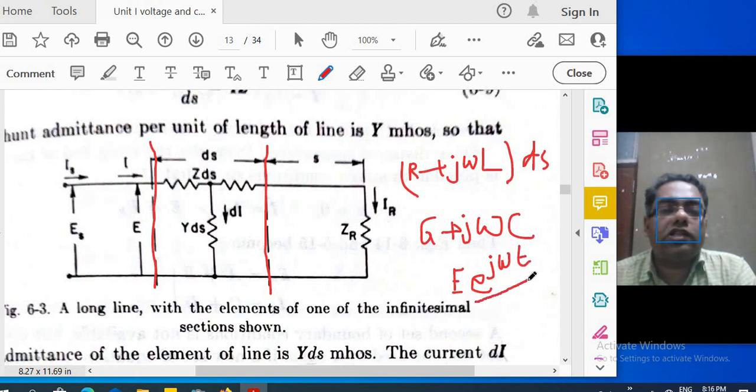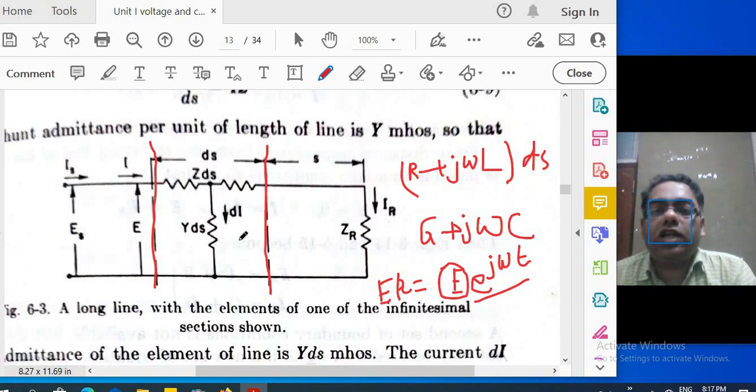So we are not considering this. We are considering only the space variation, which is E, equal to the instantaneous E(z,t) with the time factor dropped.